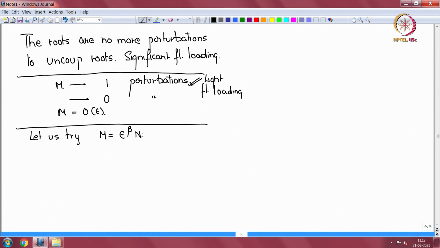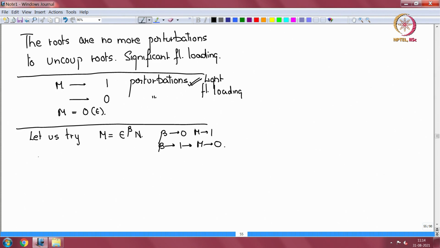I am putting n, but notionally n is equal to 1. So, if beta moves towards 0, m moves close to 1. If beta moves towards any positive value, 1 or any higher value, then m starts to move towards 0. So, let us substitute this.